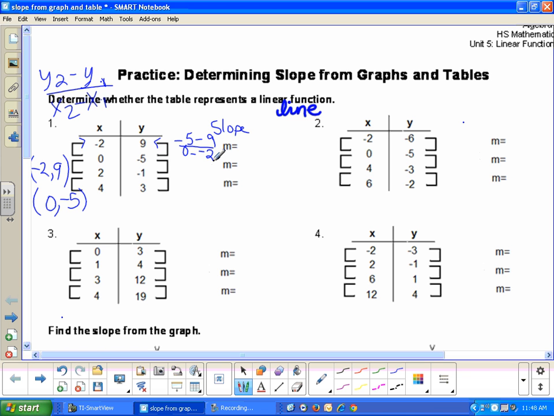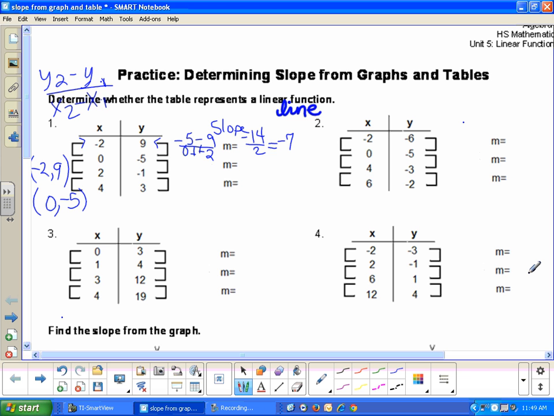You can calculate if you need to, but what are we getting on top here? -14. 0 minus -2, 2 negatives make a positive, 2. And we can simplify that down to -7. So our slope there is -7.